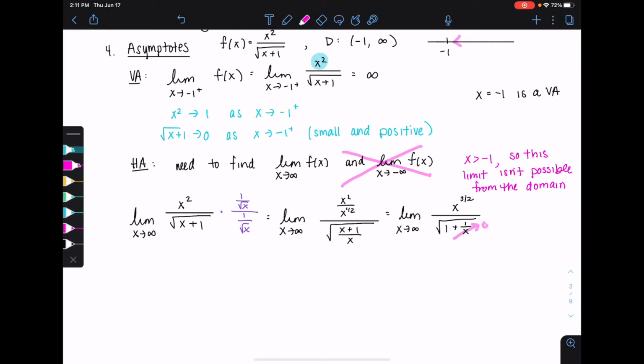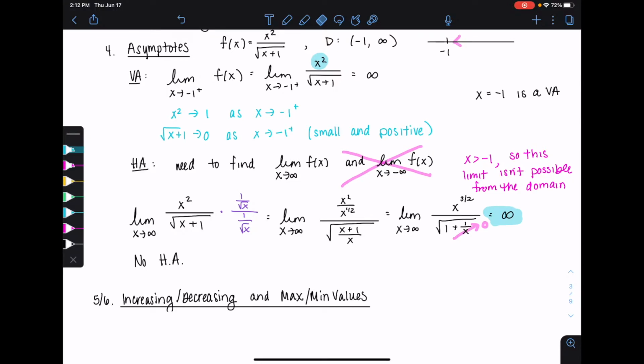This is going to go to 0 as x goes to positive infinity, but the numerator is just getting larger and larger. So overall, this goes to positive infinity, which means we have no horizontal asymptote. But again, this is useful information for us. So we know we should always be heading in the positive direction and going up, up, up. Okay.